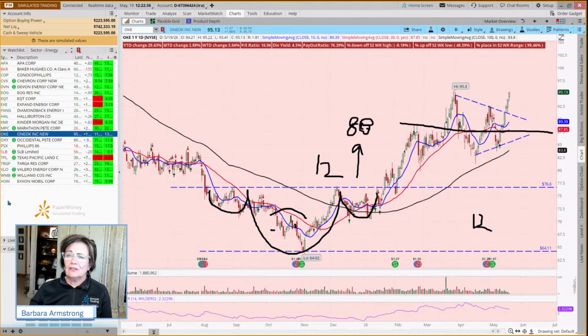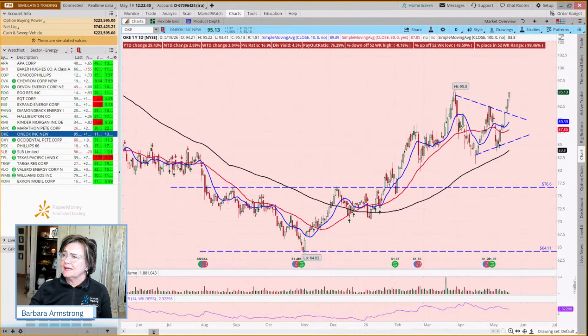But what are we looking at now? Well, now what we're seeing is a consolidation where we had a lower high and then it came down and then we had a higher low. So this we call a pennant pattern. And although you can trade within the pattern, and we've done that on Devon, we are going to look at a trade we placed on an energy stock. We could have done this with ONEOK.